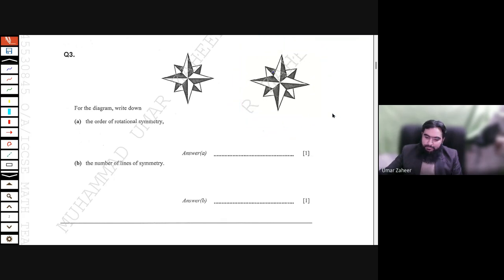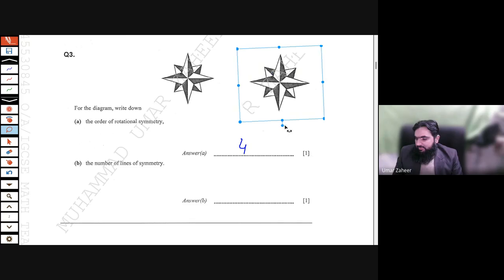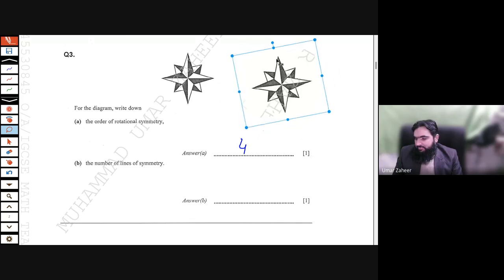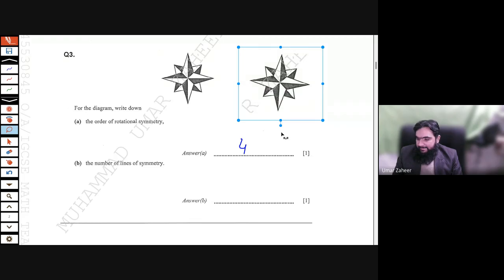Yes, it is 4. Because when you rotate it, you will get 1 same, 2 same, 3 same, and 4 same. Yes, how many lines of symmetry do we have? Sir, again 4.